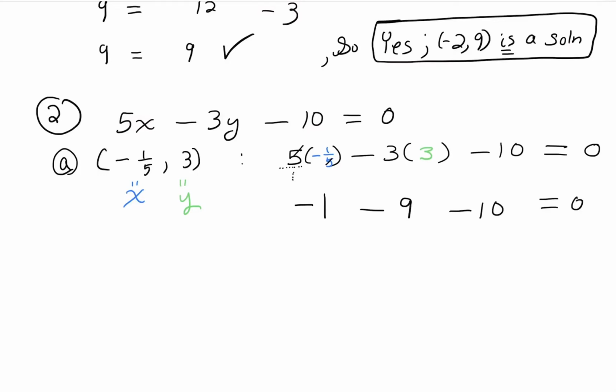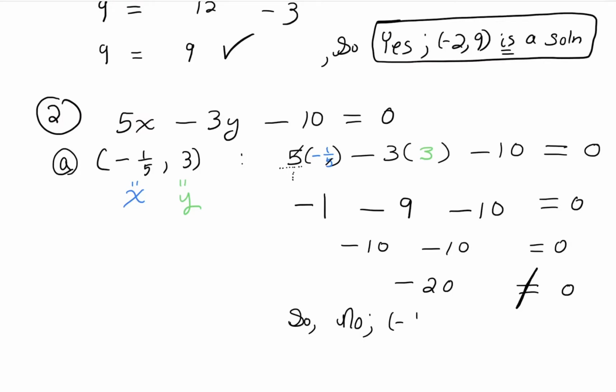And quick glance, it almost seems like it's going to work out, but as I go from left to right, I'm adding up 3 negatives. This is negative 10 minus 10. And that's not going to be 0. That's negative 20. And negative 20 is not equal to 0. So this means no. This ordered pair, negative 1/5, 3, is not a solution to this equation.